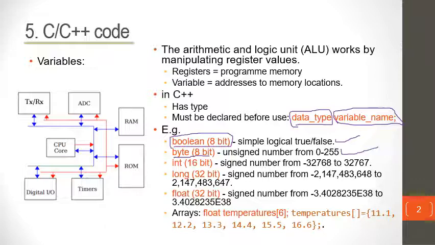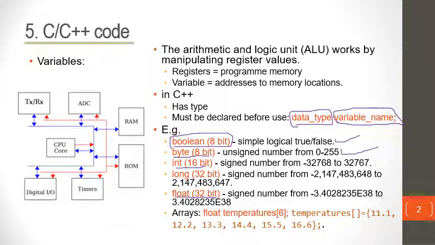Then we have an integer, which is a signed number between -32,768 and positive 32,767, and it's 16 bits long. Apart from that, we have a bigger variable, which is a long, which is a 32-bit signed number with a bigger range. And then we also have a float, which is also 32 bits, but it can represent much bigger numbers.